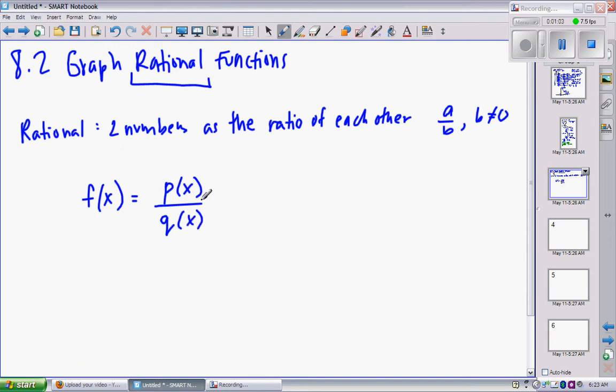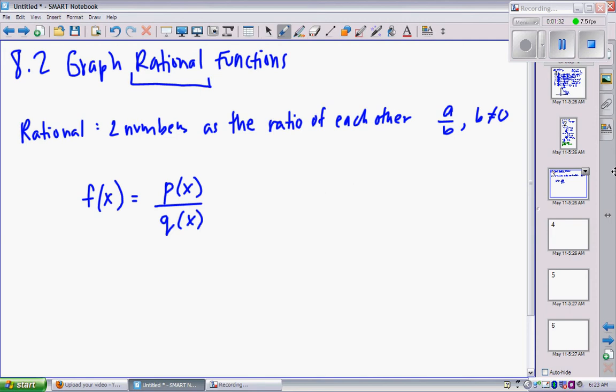Okay, so now we're going from simple functions to rational functions. We've talked about our inverse variation, which kind of leads us into this, and that we have the form of y equals a divided by x. We have an x in our denominator. That's where we're progressing with this. And graphing, we've already been graphing in 7.1 and 7.2, so we're moving on from there.